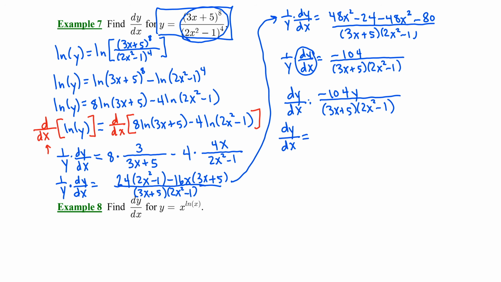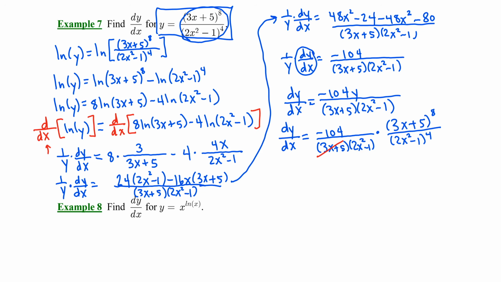So I'm going to write this as negative 104 over 3x plus 5 times 2x squared minus 1 times the original y function, 3x plus 5 to the 8th over 2x squared minus 1 to the 4th. We can cancel a little bit here.